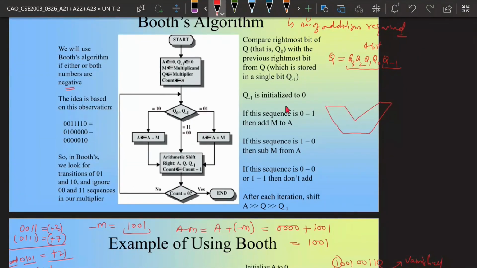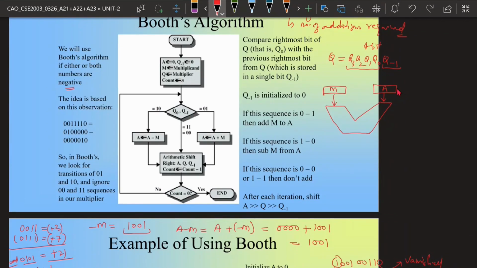Addition and subtraction here also is done with respect to A and M. The first operand should be M, the second operand will be the accumulator, and based on the content of Q naught and Q minus 1, we should be deciding whether to do subtraction or addition basically.